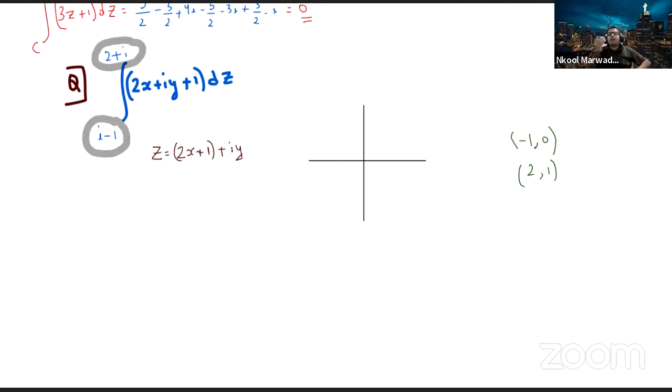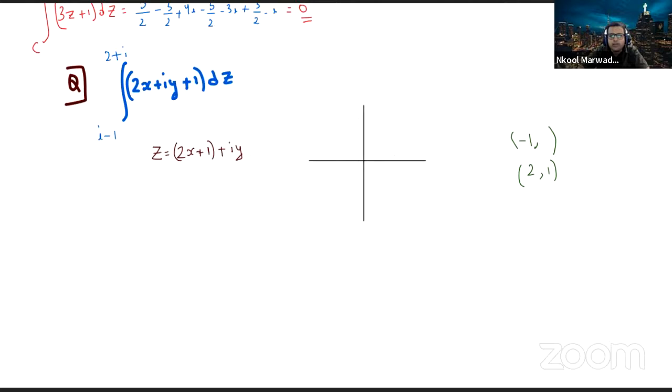According to this limit, what are the points? Minus 1 plus i means minus 1 comma 1. Sorry, not 0, it is minus 1 comma 1. The real part is minus 1 and the imaginary part is 1.